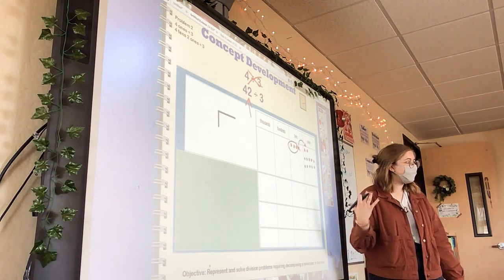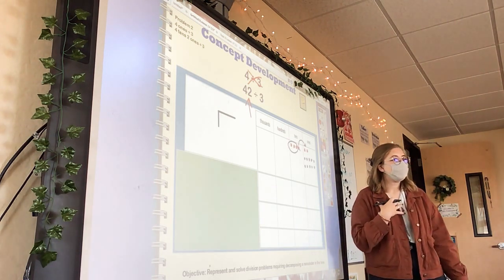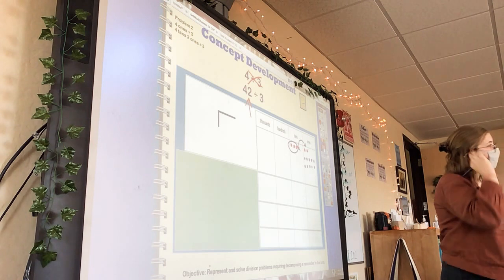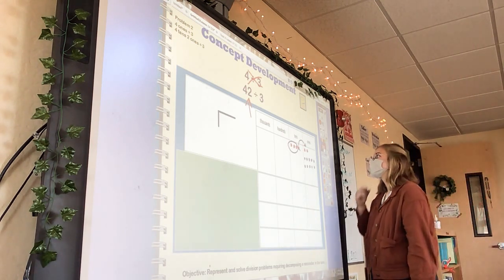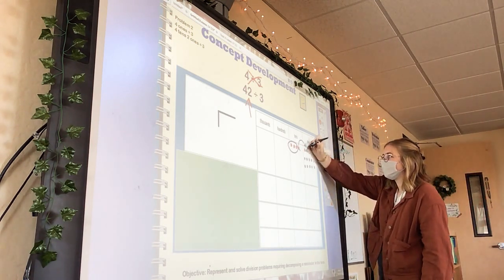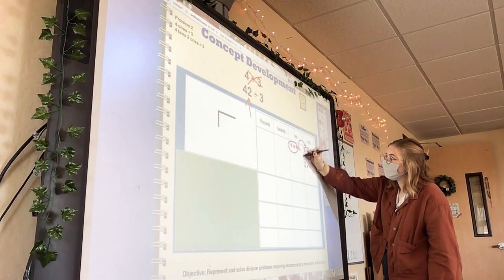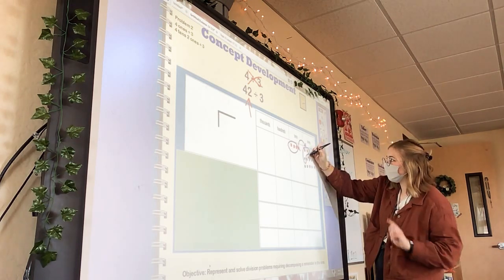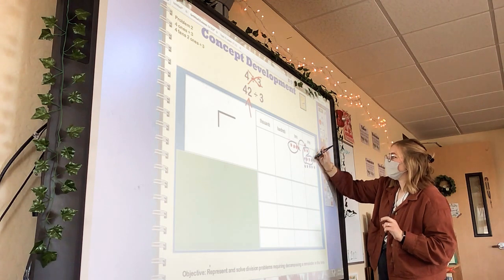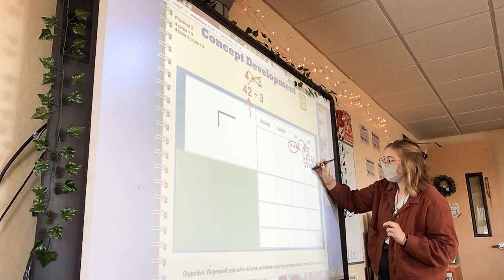What is our divisor again? 3. So I've got to circle groups of 3. Go ahead and do that. Count 1, 2, 3, then circle it. Keep doing it until you run out.